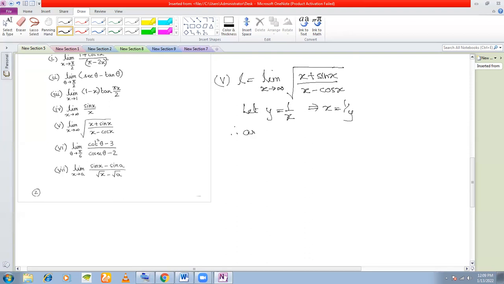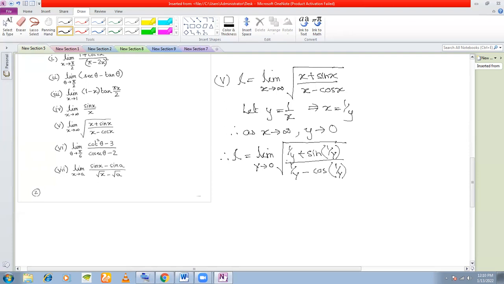So therefore, as x tends to infinity, y tends to 0. So therefore, L will become limit y tends to 0, square root of (1 by y plus sine 1 by y) divided by (1 by y minus cos 1 by y).